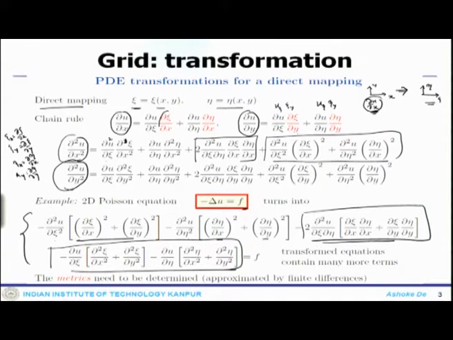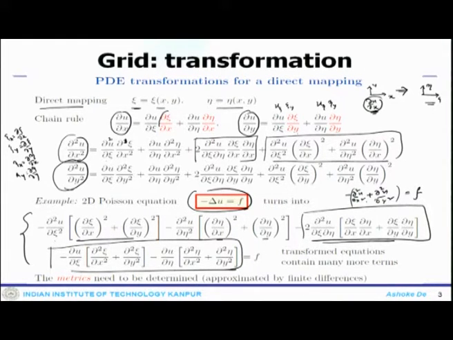Now, if you look at my xy coordinate system, the equation was very simple. This was nothing but del 2 u by del x2 plus del 2 u by del y2 equals f.